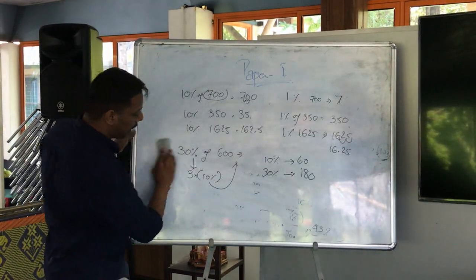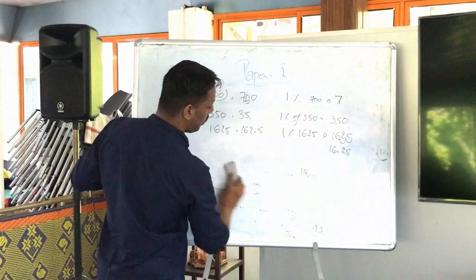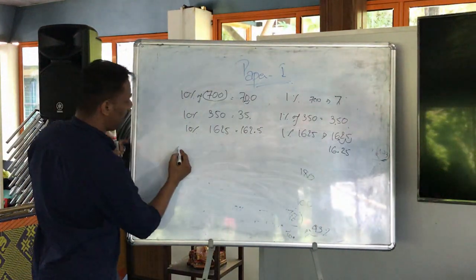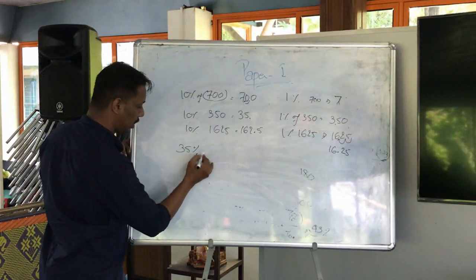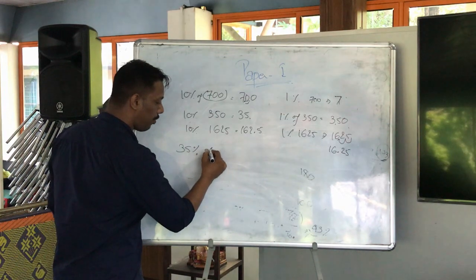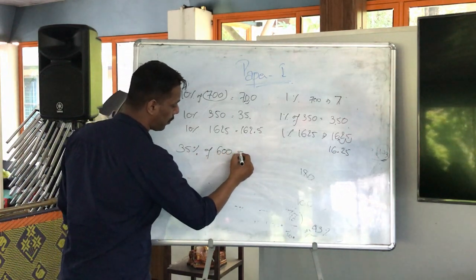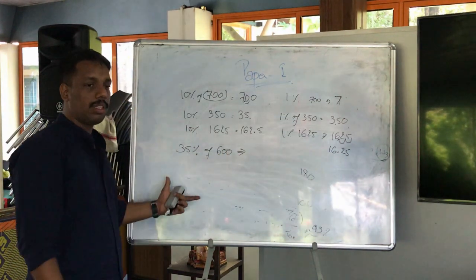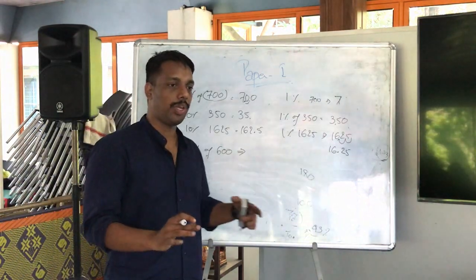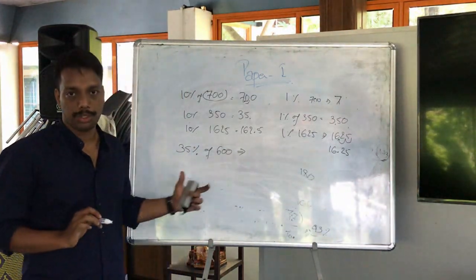Suppose I am again changing my question, let it be 35%. 35% of 600. How will you find 35% of a value without using your pen?